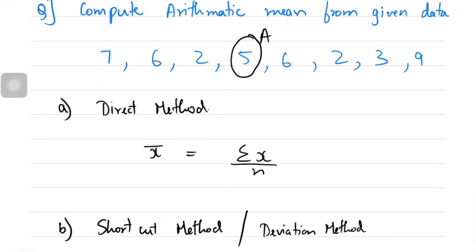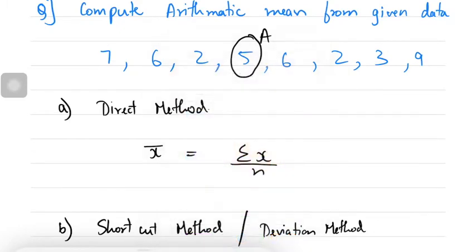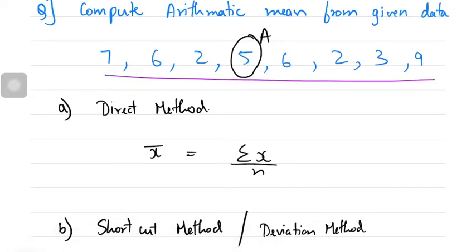Now first I'll use direct method and solve. In case of direct method, what I'm supposed to do, I'm supposed to add all the variables, right? Summation x. So 7, 6, 2, 5, 6, 2, 3 and 9 are my x. So summation x would be 7 plus 6 plus 2 plus 5 plus 6 plus 2 plus 3 plus 9.